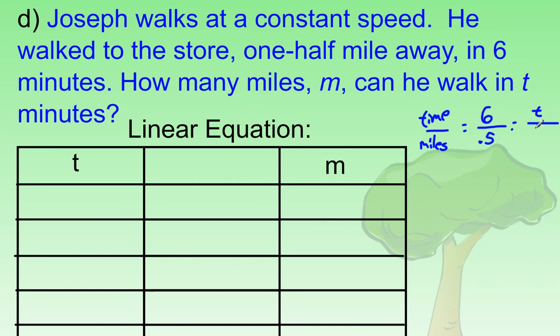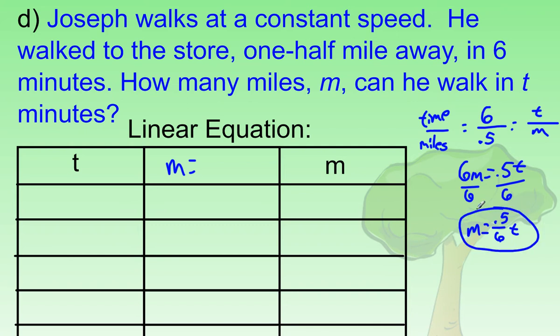And then time in minutes, and we cross multiply, giving us 6m equals 0.5t. We would like this solved for m, so we have an m equals, makes it easier to find our m values. So if I divide by 6, m equals 0.5 over 6t, which seems a little ugly, but it's not that bad. So m equals 0.5 over 6t.